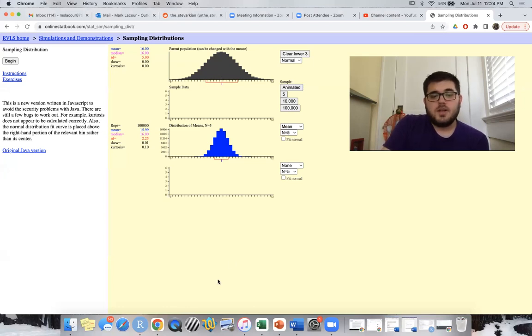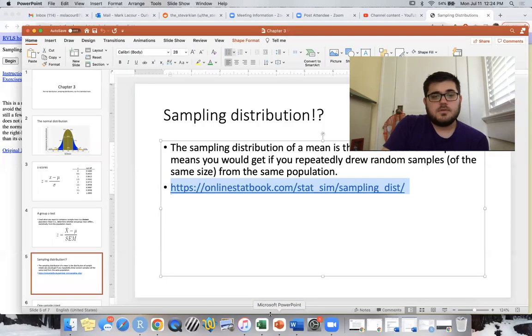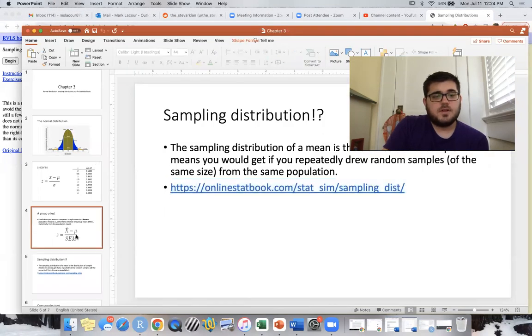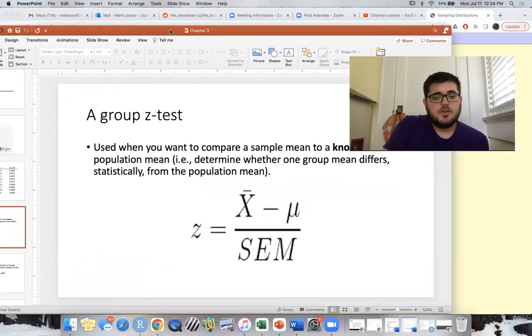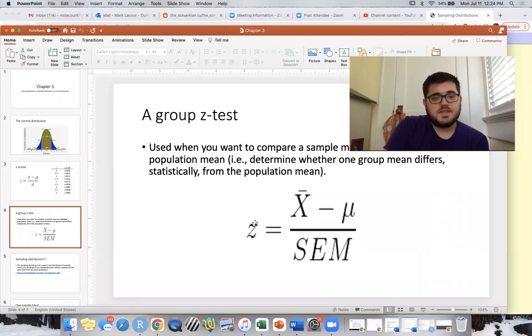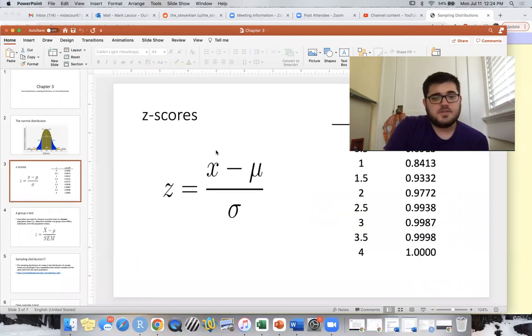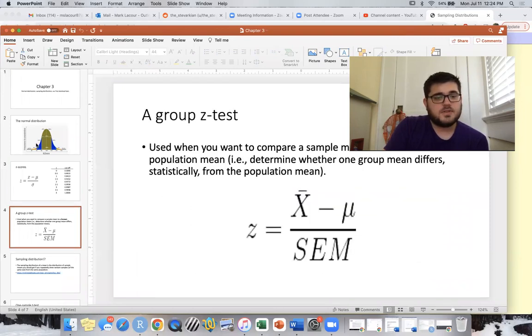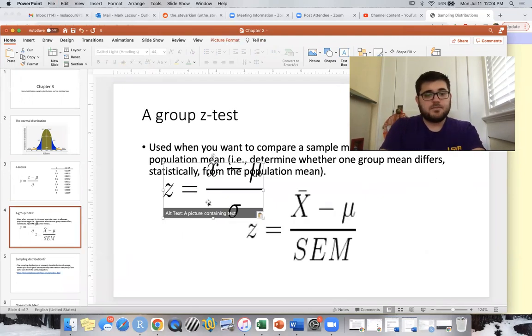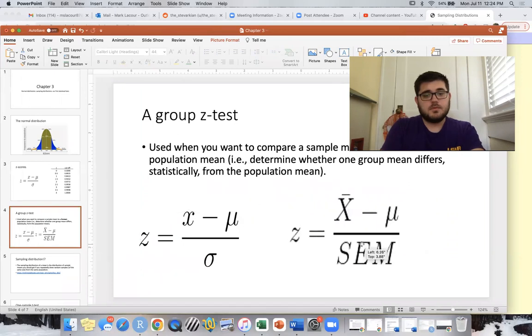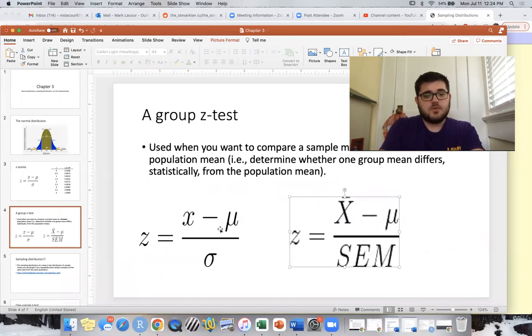So let's go back to what this is: a group Z test. Notice that a group Z test and a single Z score have very similar equations. Let me put them on the same page. For a Z score, we're saying how far apart our observation X is from the population mean, mu.